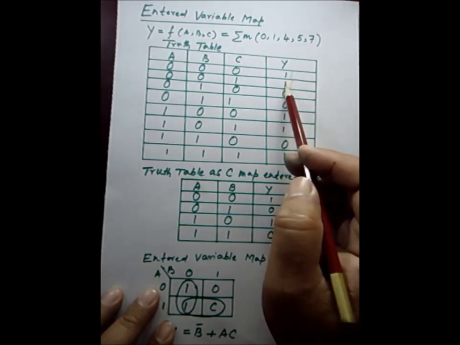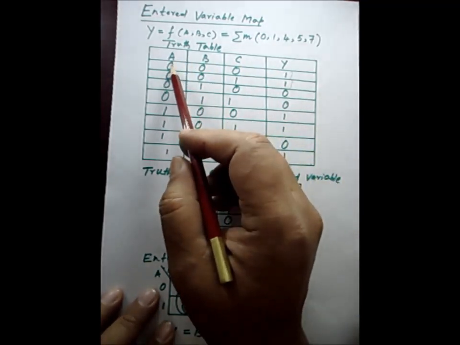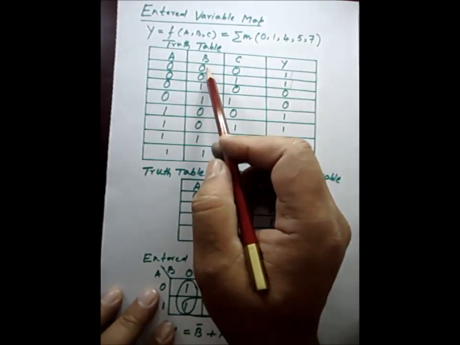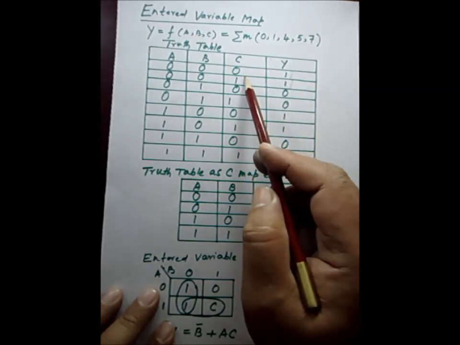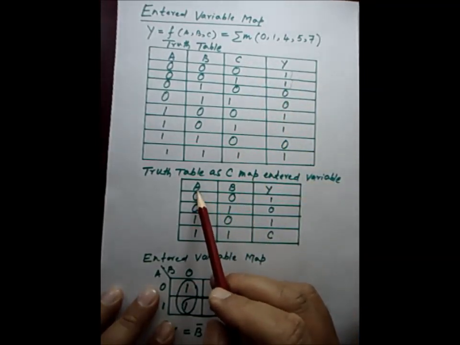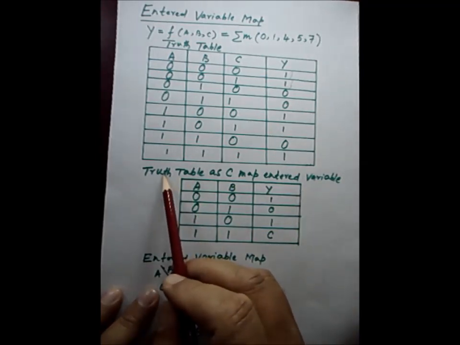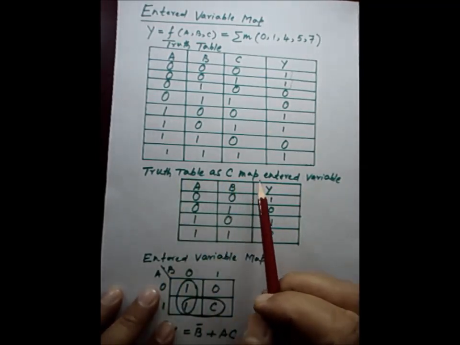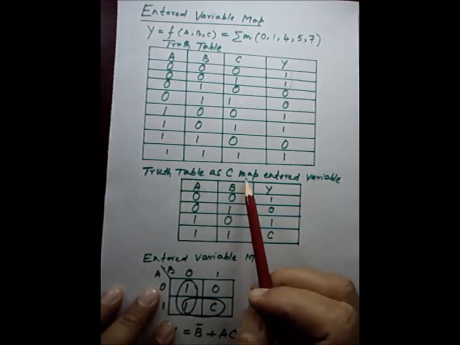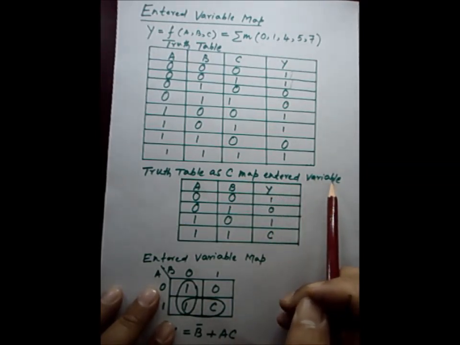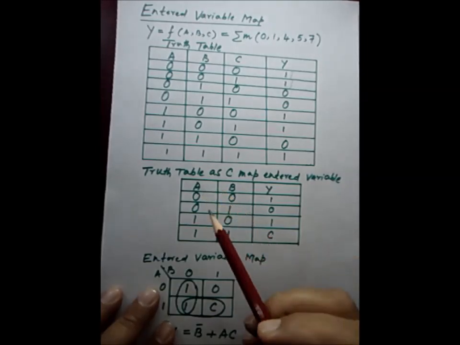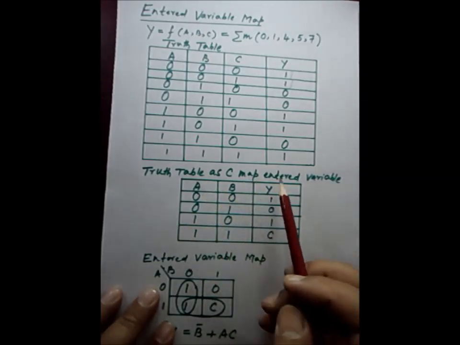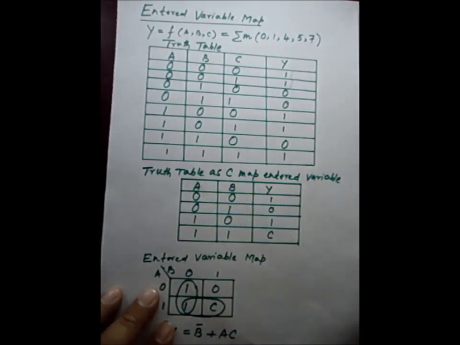Therefore, the output in these two cases, A equal to 0, B equal to 0, does not depend on the variable C. Therefore, we can prepare another truth table with C as the map entered variable, since we want to reduce the variable C.